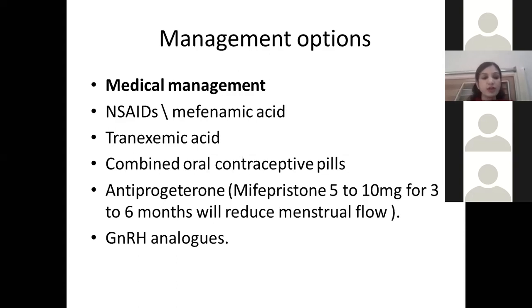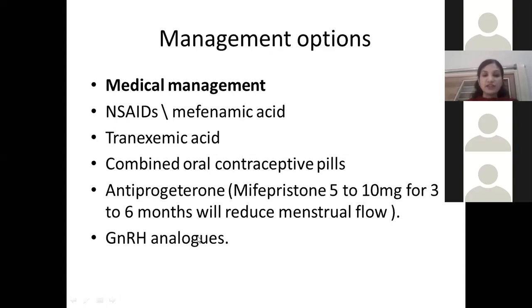And the last medical option is gonadotropin releasing hormone analogs. If they are given to the patient, they reduce the menstrual flow, cause amenorrhea, no menses in the patient, and also cause shrinkage of the fibroid.